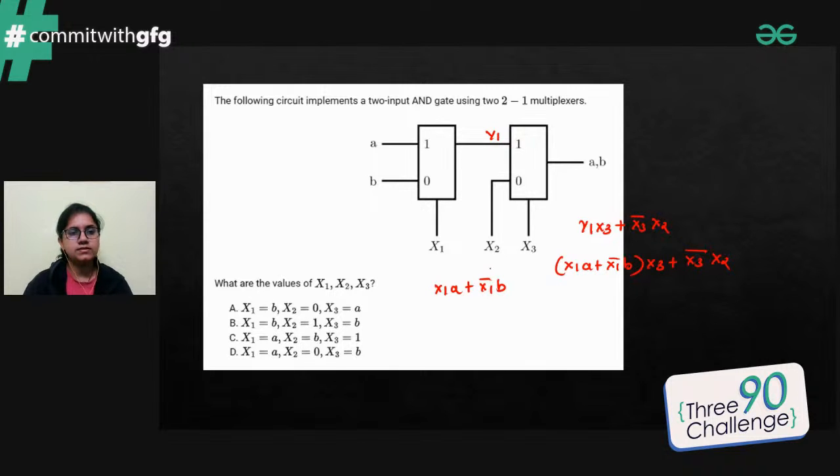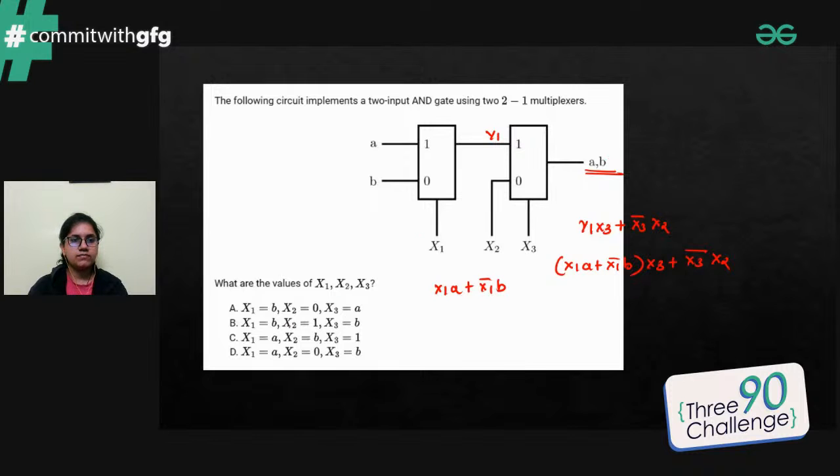Can you get the answer? Or you can simply just do by putting the option. Okay, this is also one of the ways which you can do. Just put the answer and the output for the final one is AB.